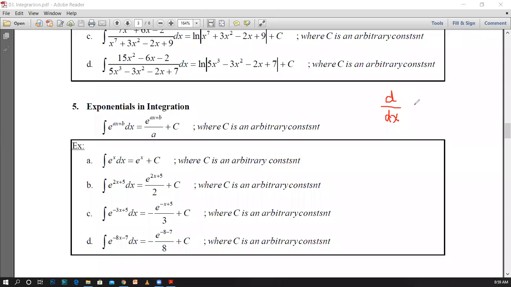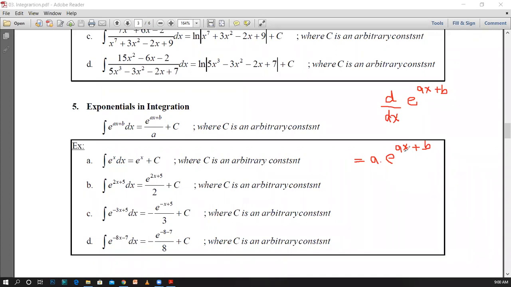If you had e to the power ax plus b, you wrote down the function as it is, and then this quantity was multiplied by a. Therefore, you obtained the derivative in this form.